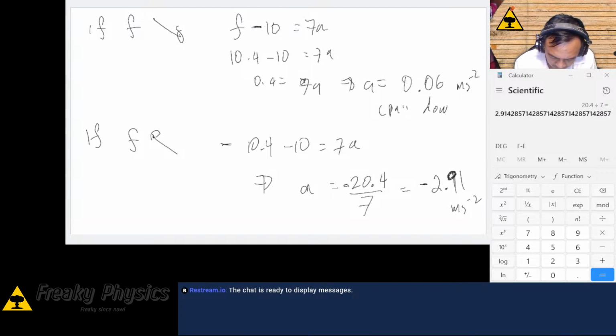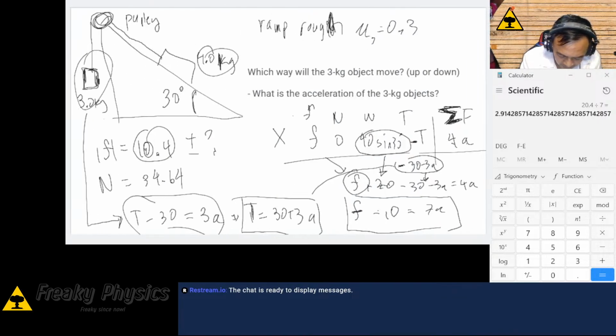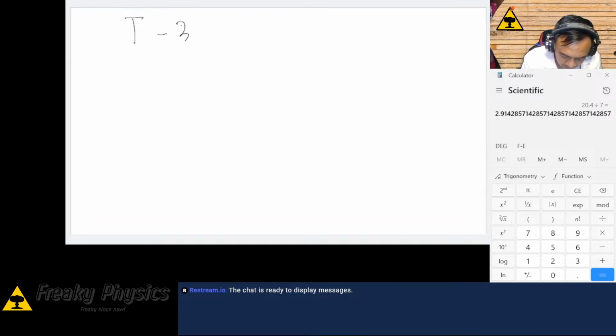This pulls up, right? Because we're still not sure which one it is, we're going to have to put these values back into the tension equation. Tension minus 30 equals 3a, right?